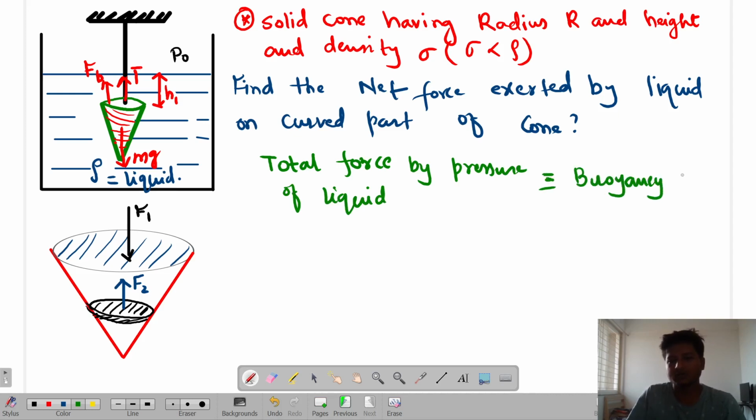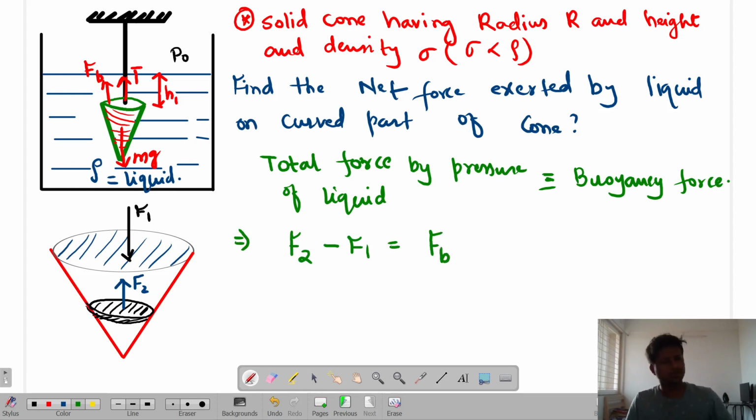So F2 minus F1 must be equal to buoyancy force. Why would we consider mg? This buoyancy is generated by the pressure differences. Are you able to get me? So this is why it can be considered directly.